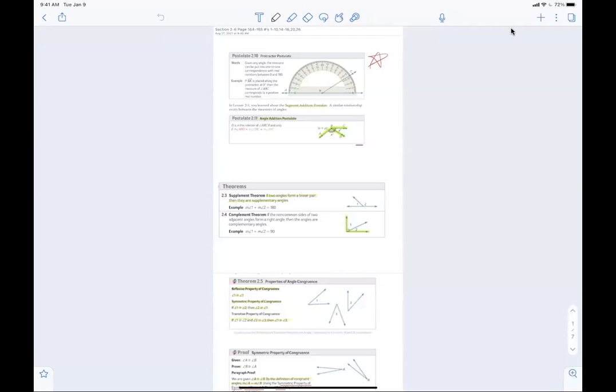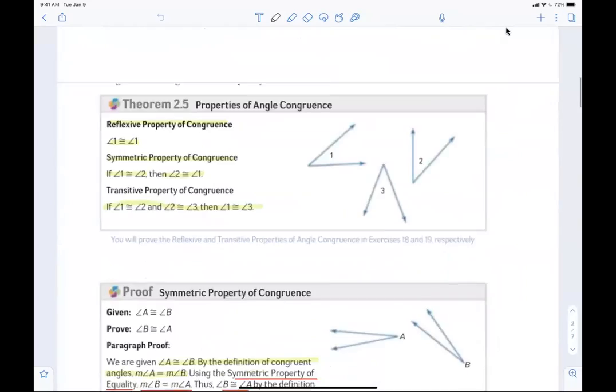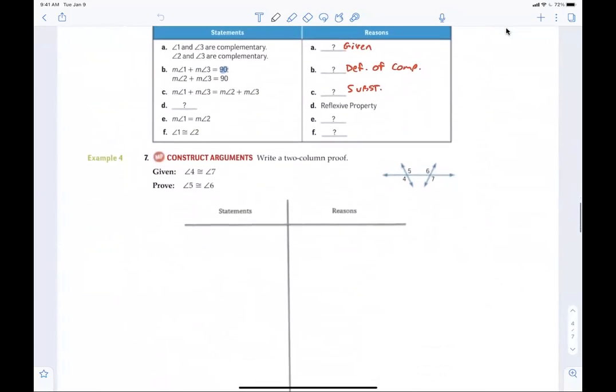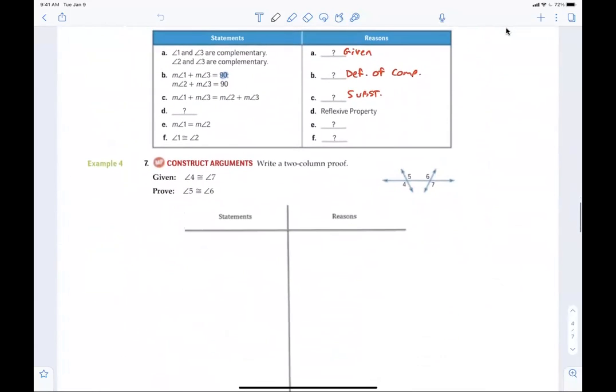All right. So now tell me about some things that we did yesterday. Let's start with number 7. Can you also do E on number 6?